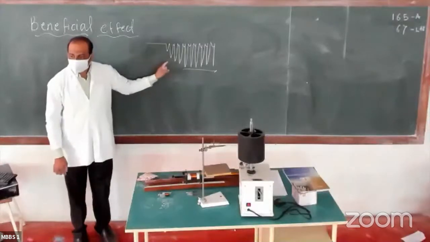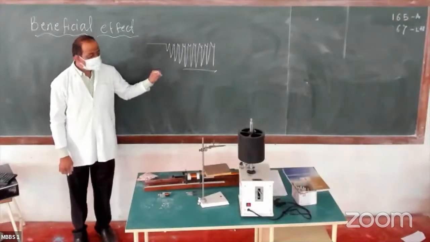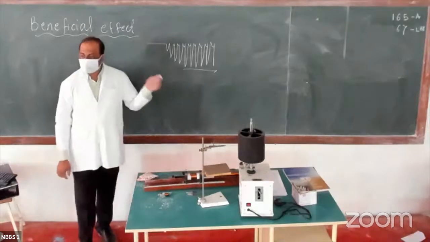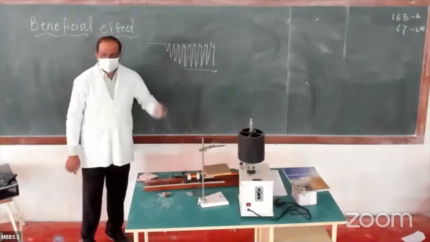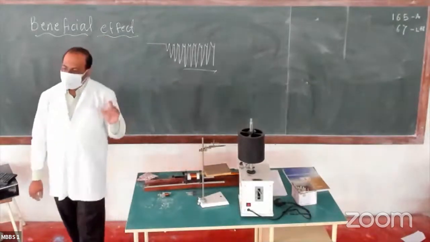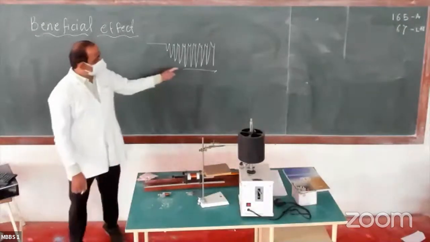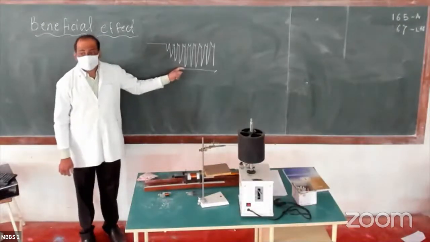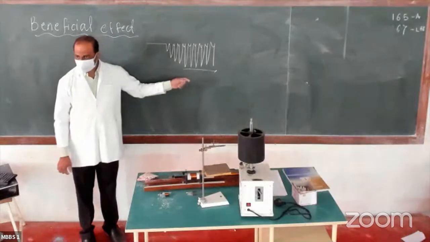So the height of contraction of the second stimulus is more, and the second is beneficial to the third. The third is beneficial to the fourth, and at the fifth there is again an increase in the height of contraction as compared to the first four.